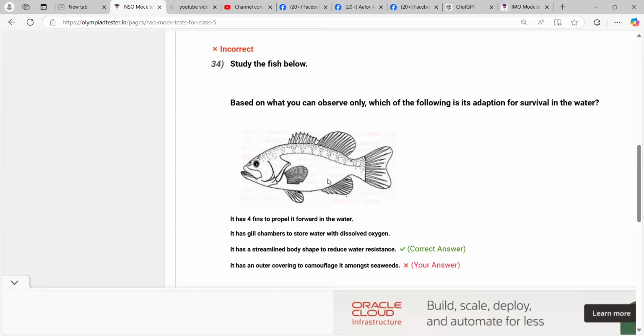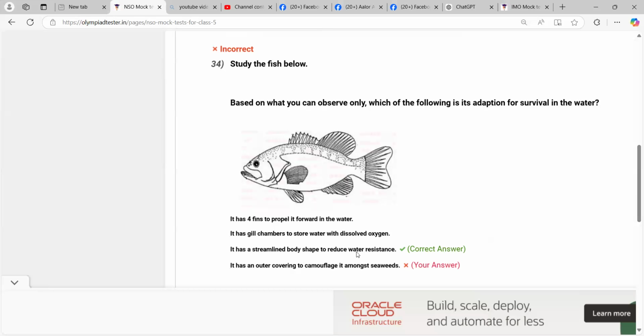So it has to have some protection to protect itself from the oppositions of the water, the disadvantages of the water, the waves and the current of the water. So it has to reduce the water resistance.